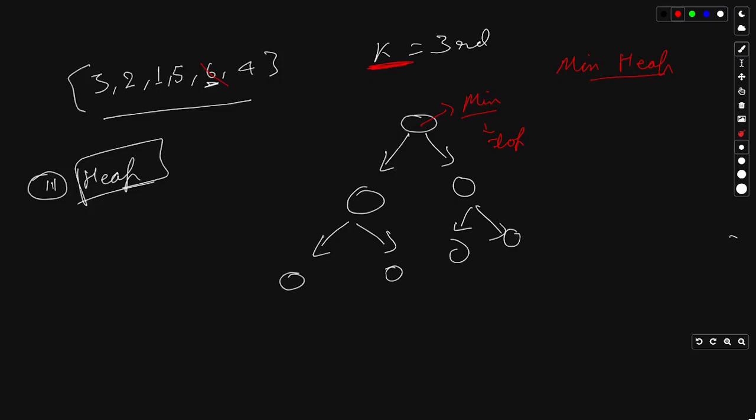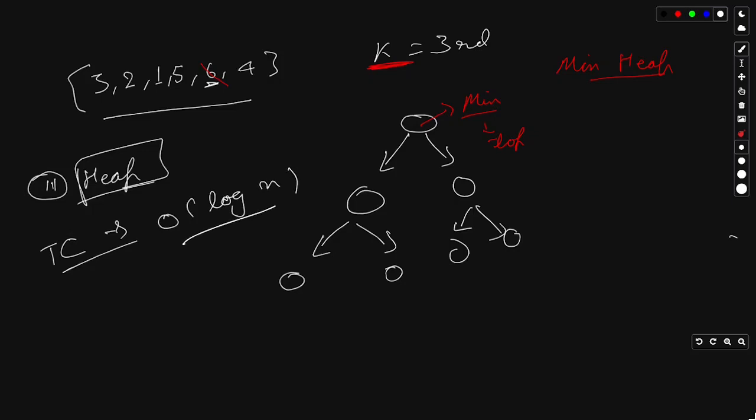That's fine. Now, insertion and deletion within a heap have certain time complexities. The time complexity for entering something into a heap would be O of log n, and that's it.